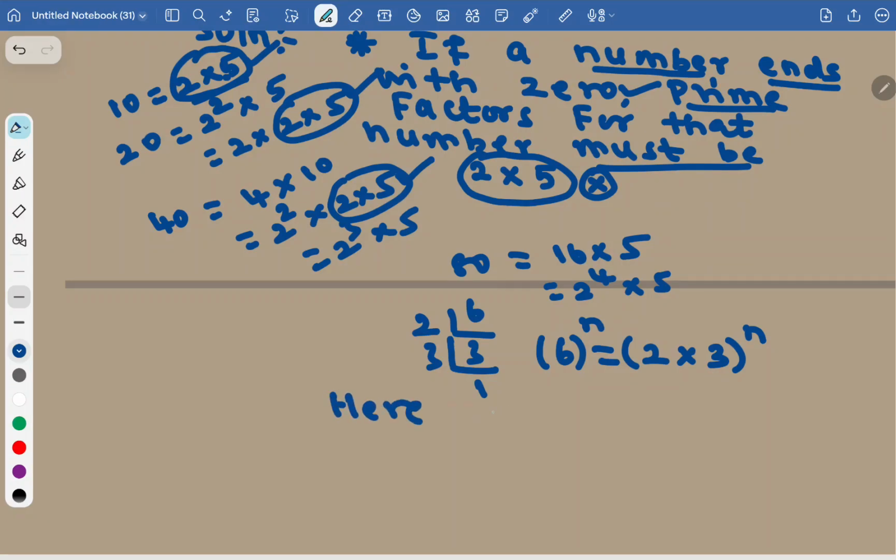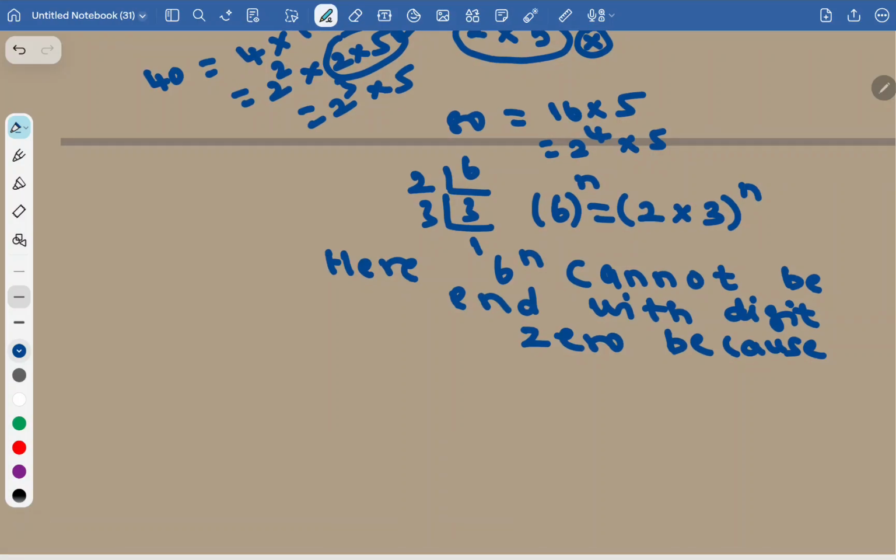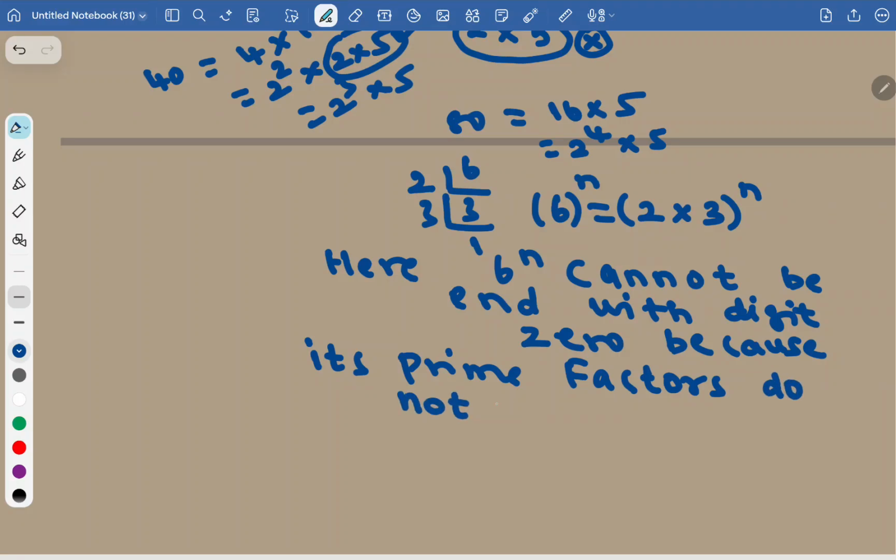Here 6 power n cannot end with 0 because its prime factors do not contain the pair 2 into 5.